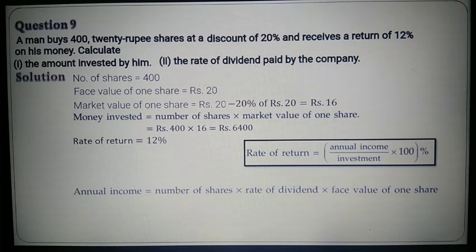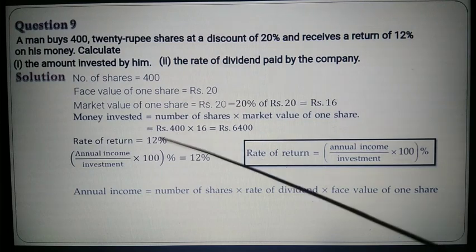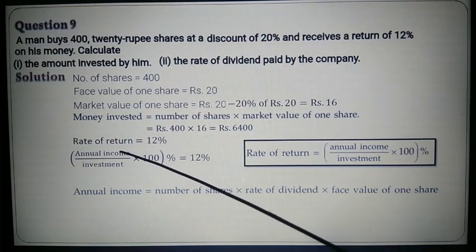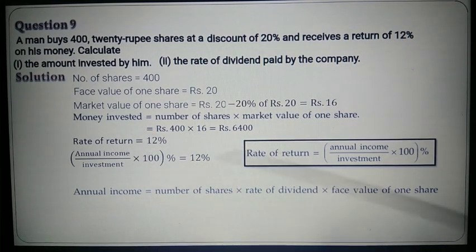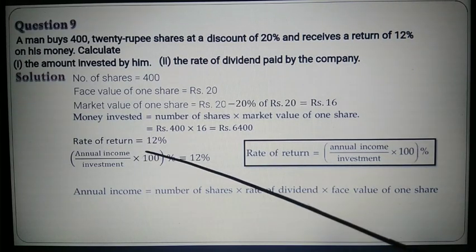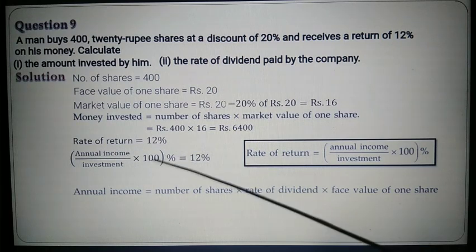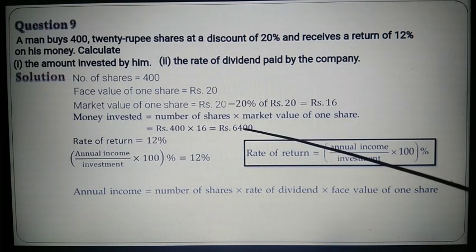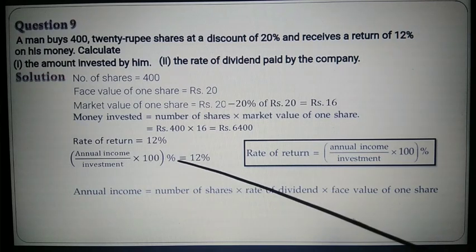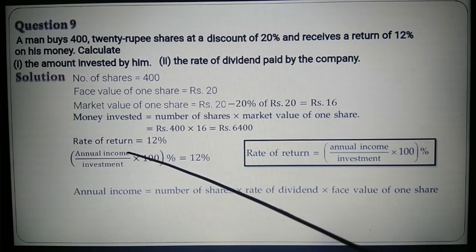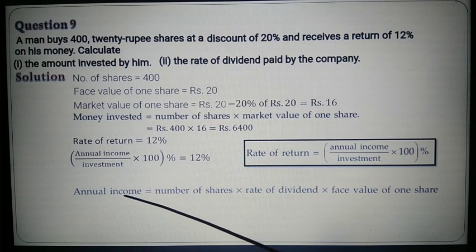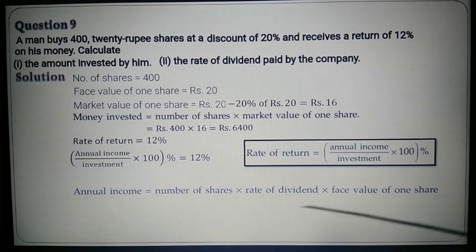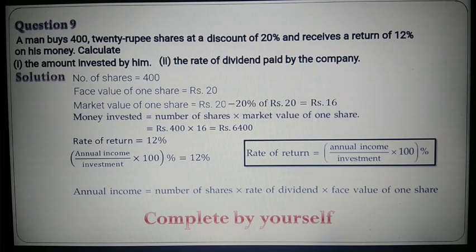So instead of rate of return I am writing this one, because rate of return is equal to this one, equals 12%. Put the value for investment as rupees 6,400, do the cancellation and find your annual income. Then put your annual income here, with number of shares and face value, and you'll get your rate of dividend. So you will complete it by yourself.